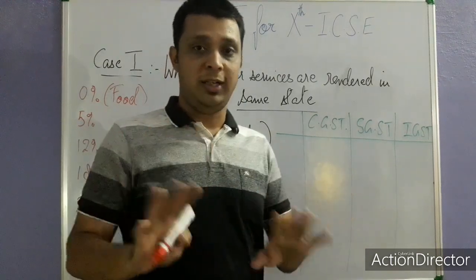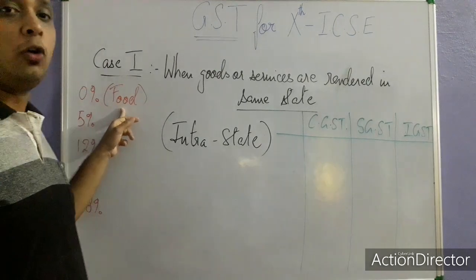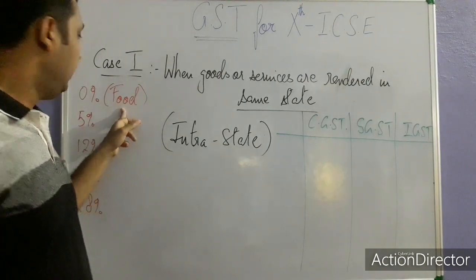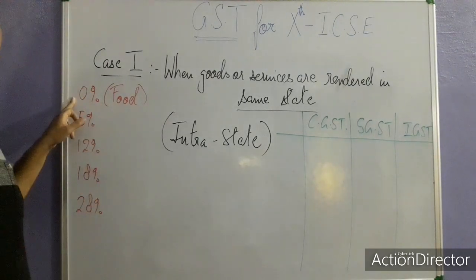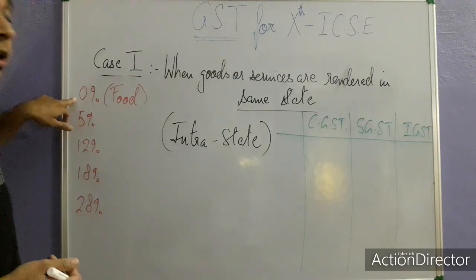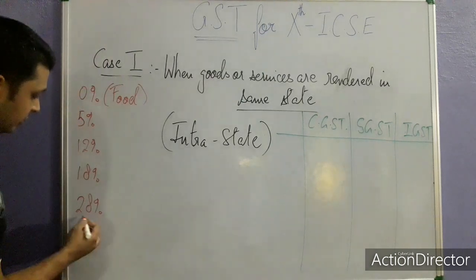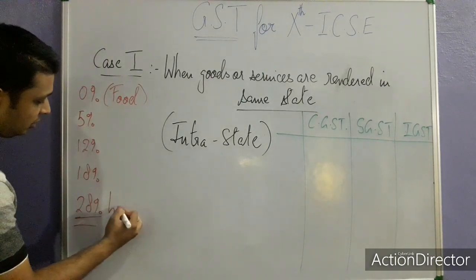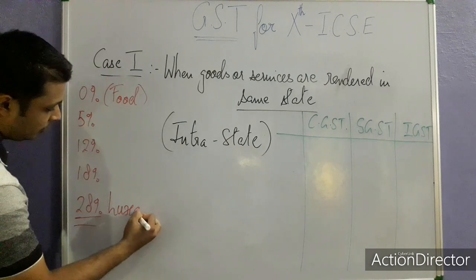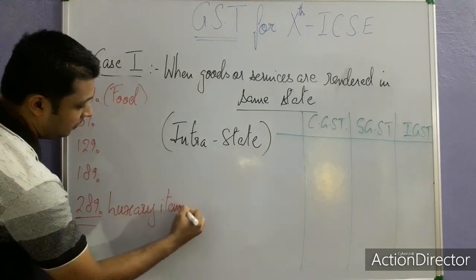No, you do not do that, isn't it? So that type of commodity does not have any GST, or we do not have to give tax to the government. So the GST rate on these kinds of items is 0%. The last is 28%, which is on luxury items.